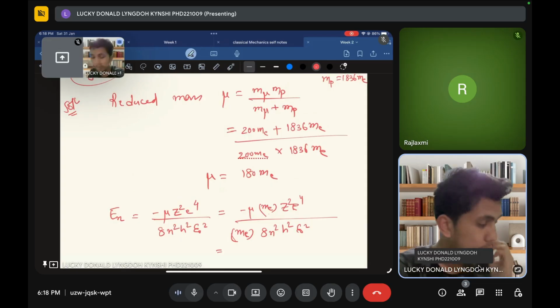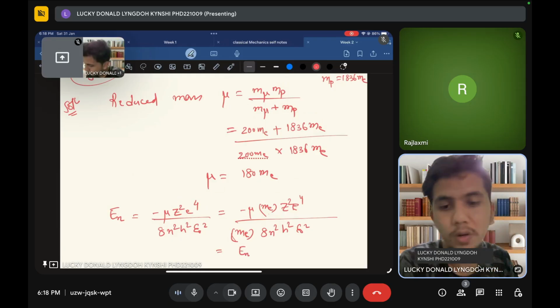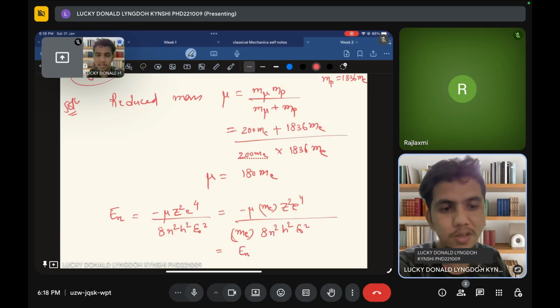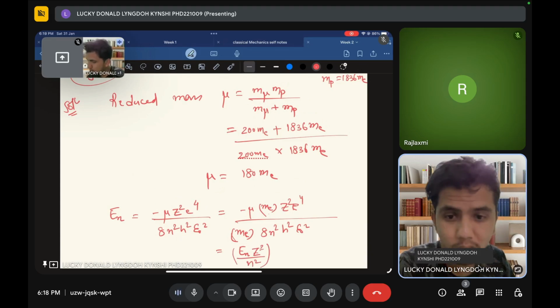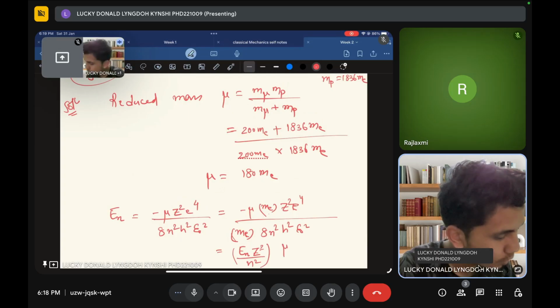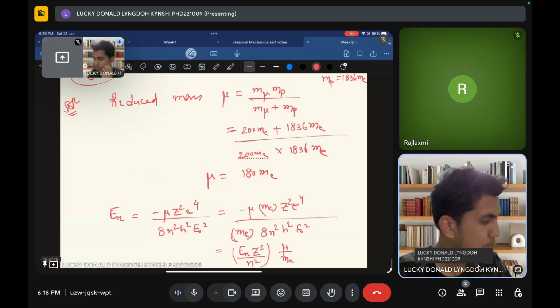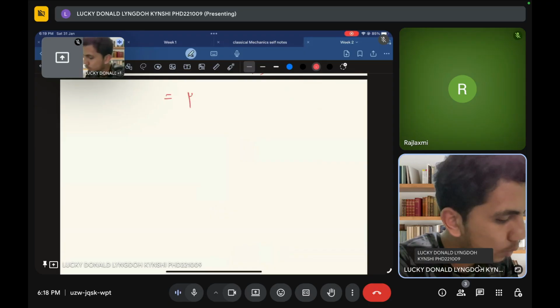You have already calculated it to be equal to En of your hydrogen atom, which is in fact energy given to you by En z square by n square. The term which is coming into the picture is mu divided by me. Right? The additional term is only mu by me. So in other words, I will also write mu divided by me.